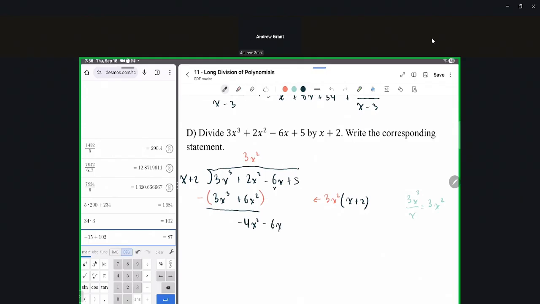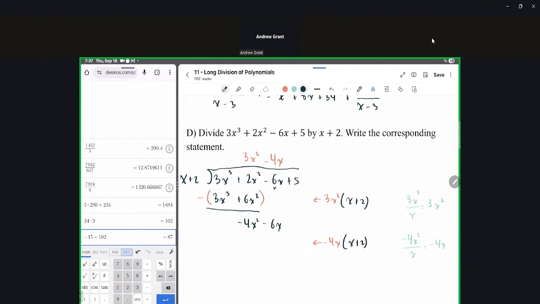So the question becomes, how many times does x go into negative 4x squared? And the answer is it goes in negative 4x times. And so we'll write our negative 4x here. And on this line, we're going to write negative 4x multiplied by x plus 2.